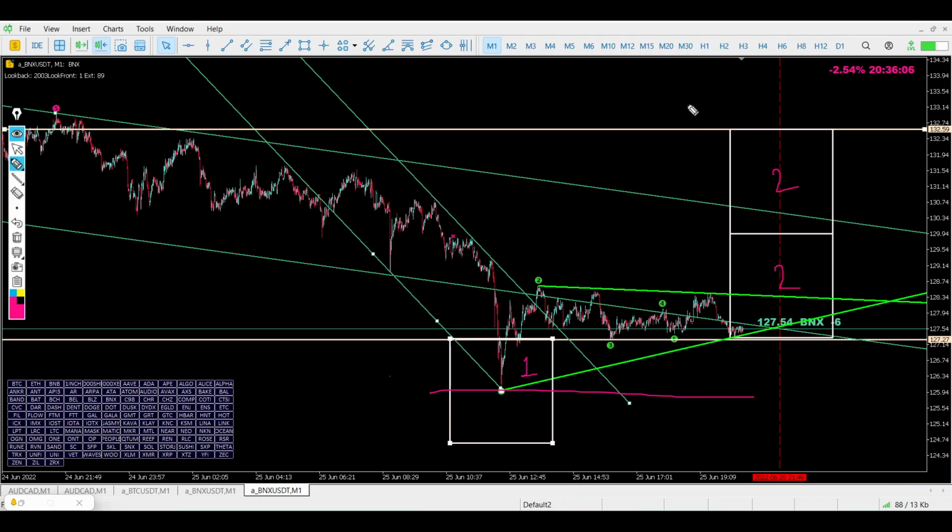And if it doesn't work, then I am ready to lose this amount of money on this trade.